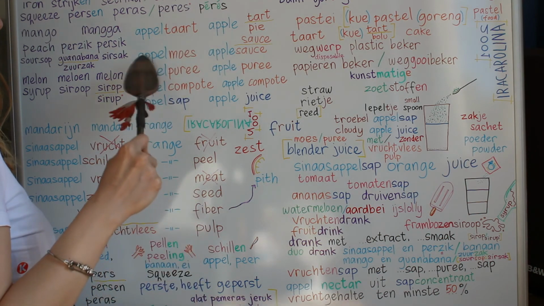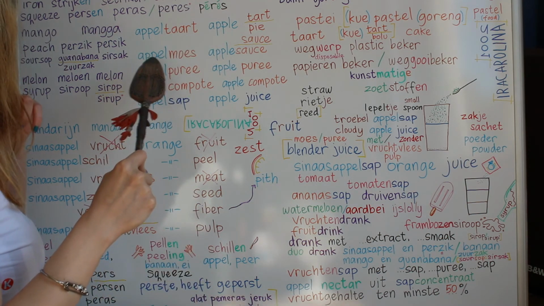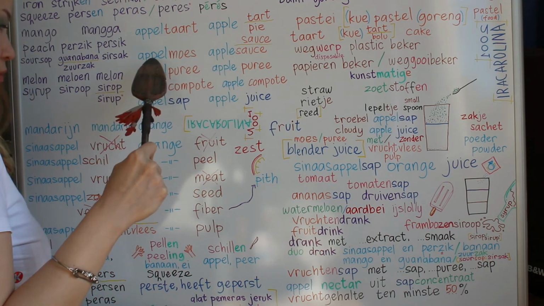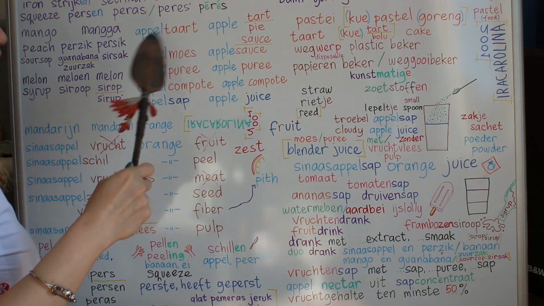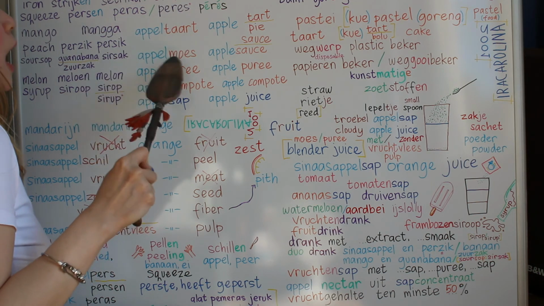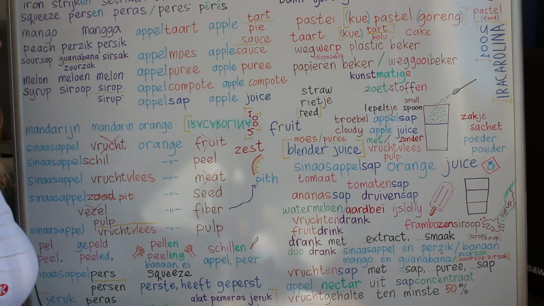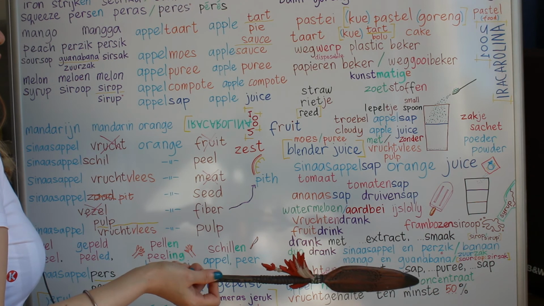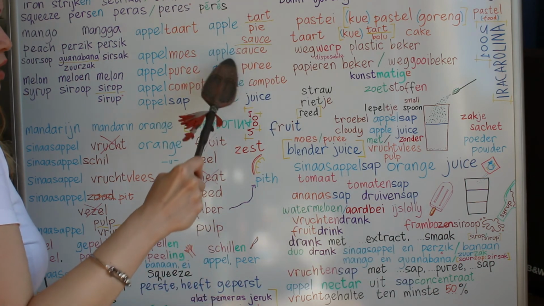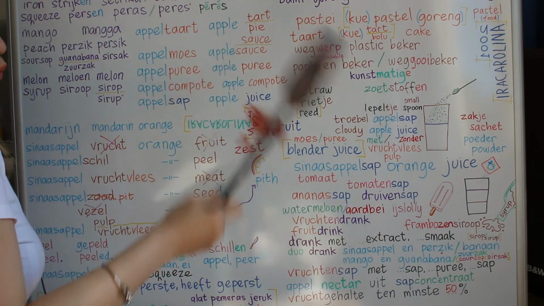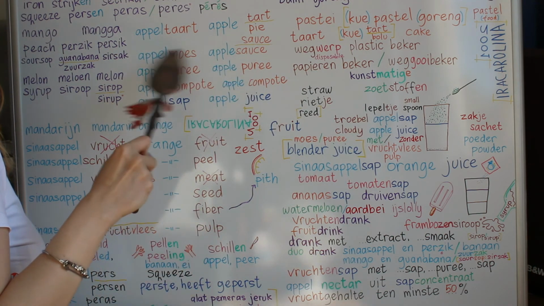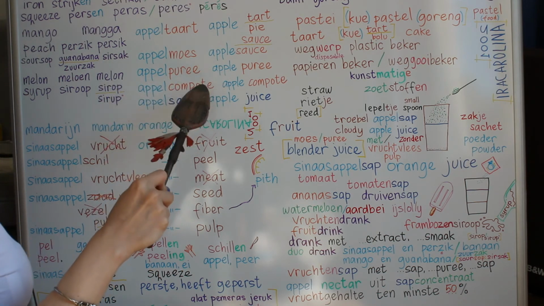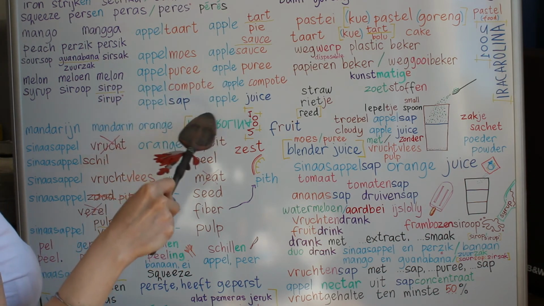Or you have the Dutch version, Dutch style, we name it appelmoes, or we can translate it as applesauce. In English, you can put it into one word or separate it into two words. Appelmoes, apple puree, apple compote, apple sap.